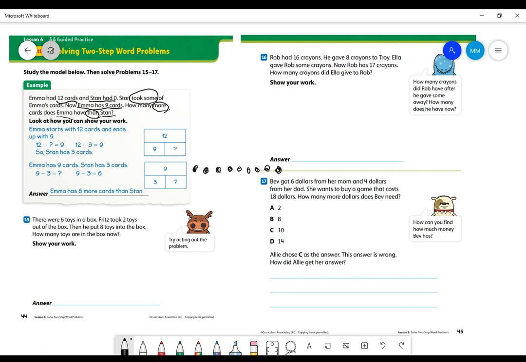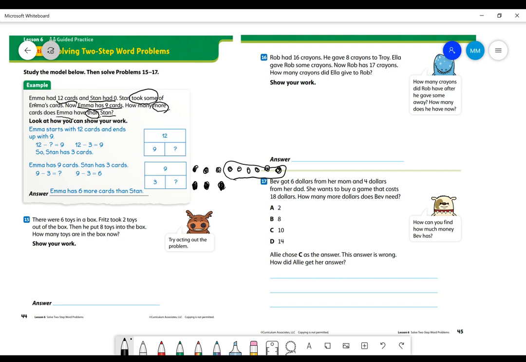So Emma has 9 and Stan has 3. So I'm going to line up what is the same and circle what is different. So 9, and the part that is the same is 3. How many more does Emma have than Stan? 1, 2, 3, 4, 5, 6.